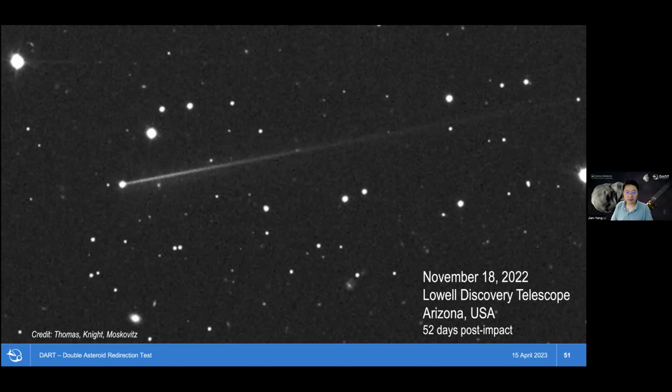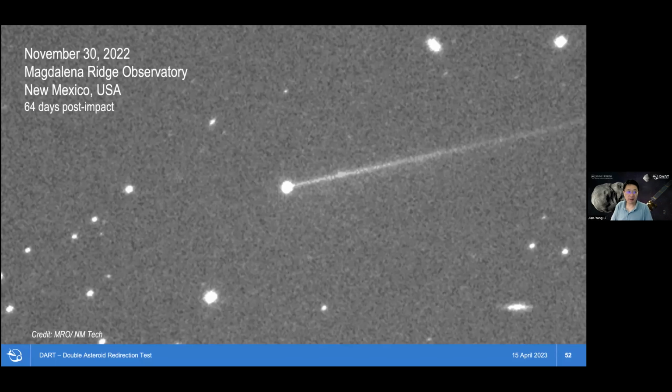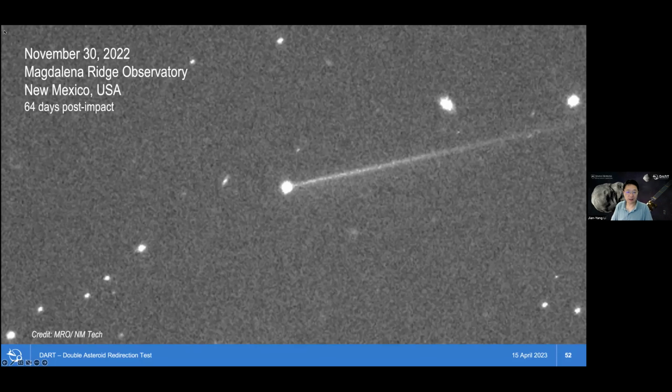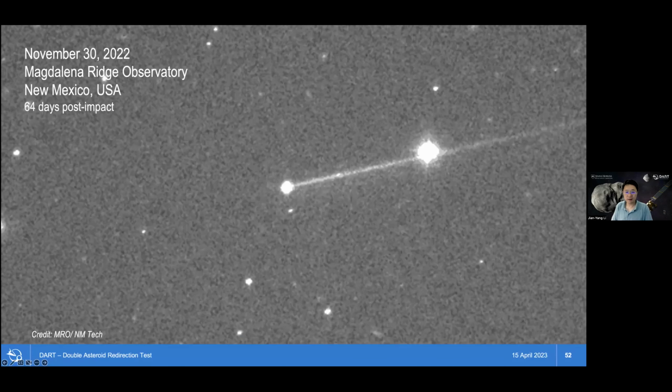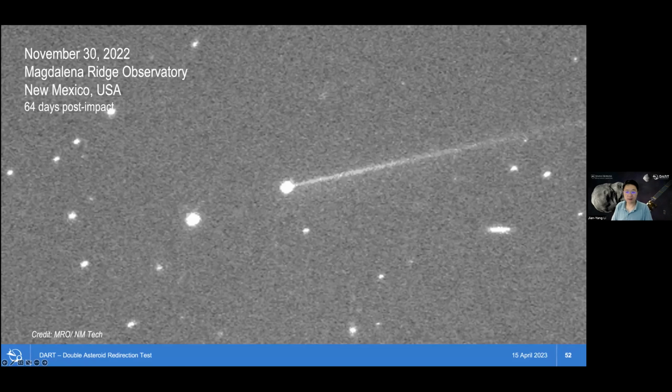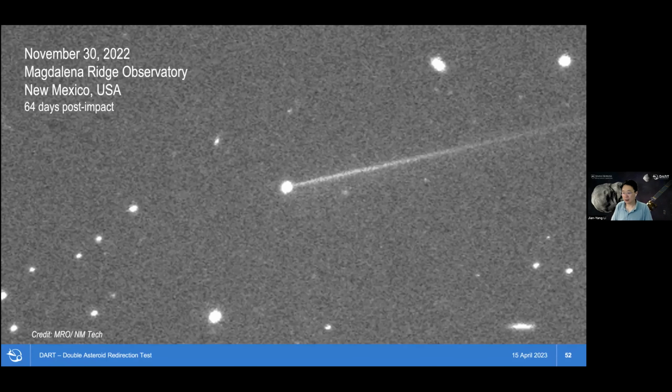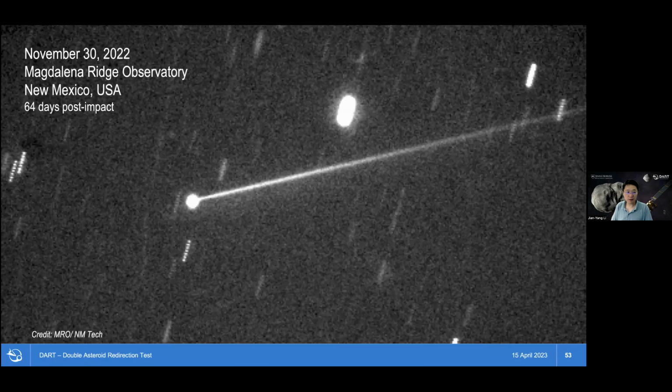So with time, the tail actually faded slowly. This image was taken on November 30th with a 2-meter telescope in New Mexico. And then the next one is a still image from the same telescope. And again, a very narrow, long tail.